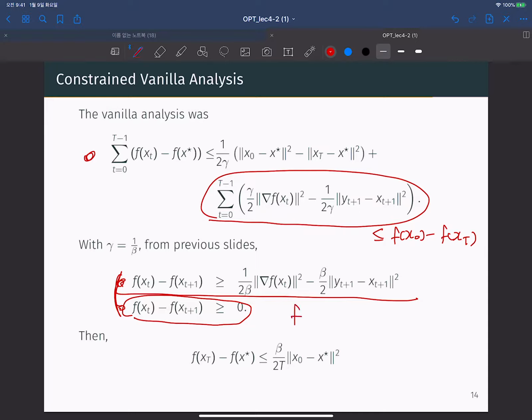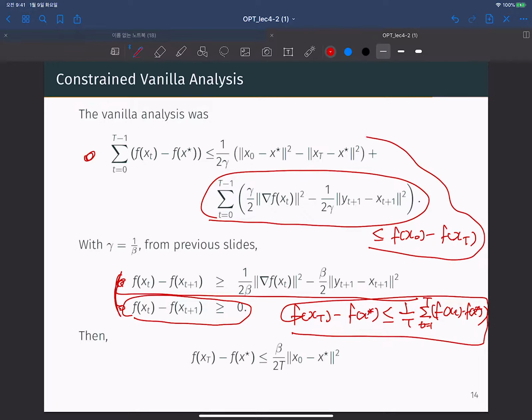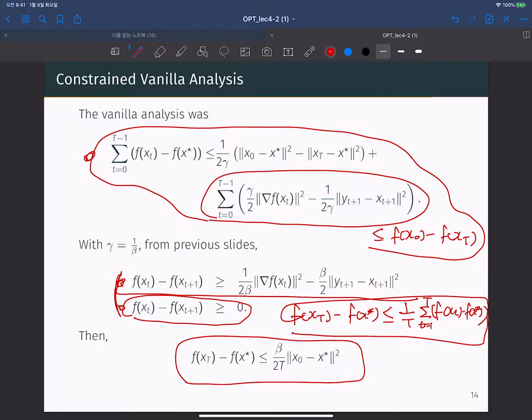So we have f(x_T) minus f(x star) is less than or equal to 1 over T times the sum over t from 1 to T of f(x_t) minus f(x star). From this and this, we have this result: f(x_T) minus f(x star) is less than or equal to beta over 2T times the norm of x_0 minus x star squared. So again, we have the same convergence speed.